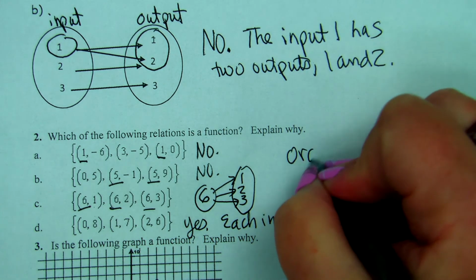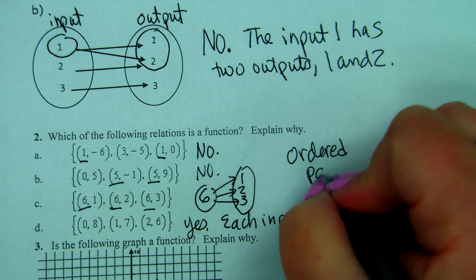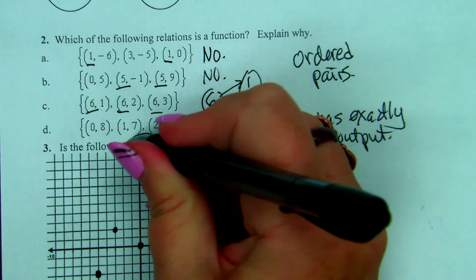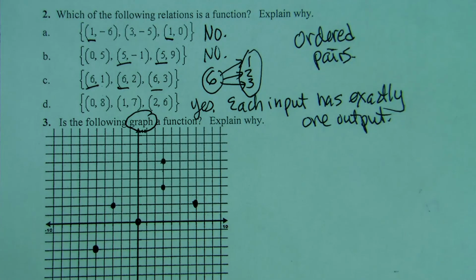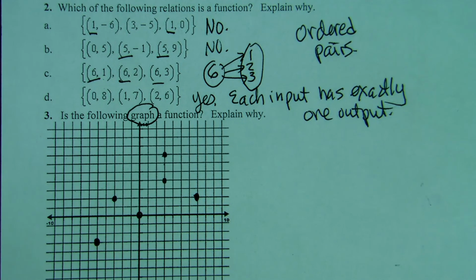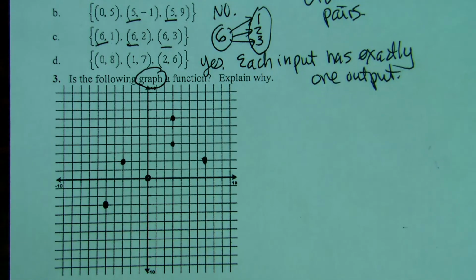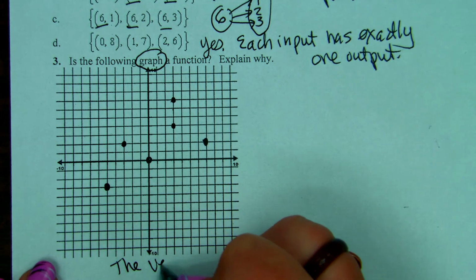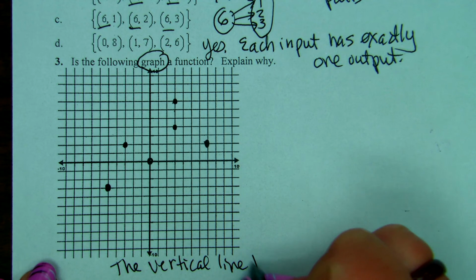These are called ordered pairs. So we have a mapping, we have ordered pairs, we have a graph. A graph is just putting the ordered pairs on a graph. We want to decide if this is a function or not. And there's something called the vertical line test.